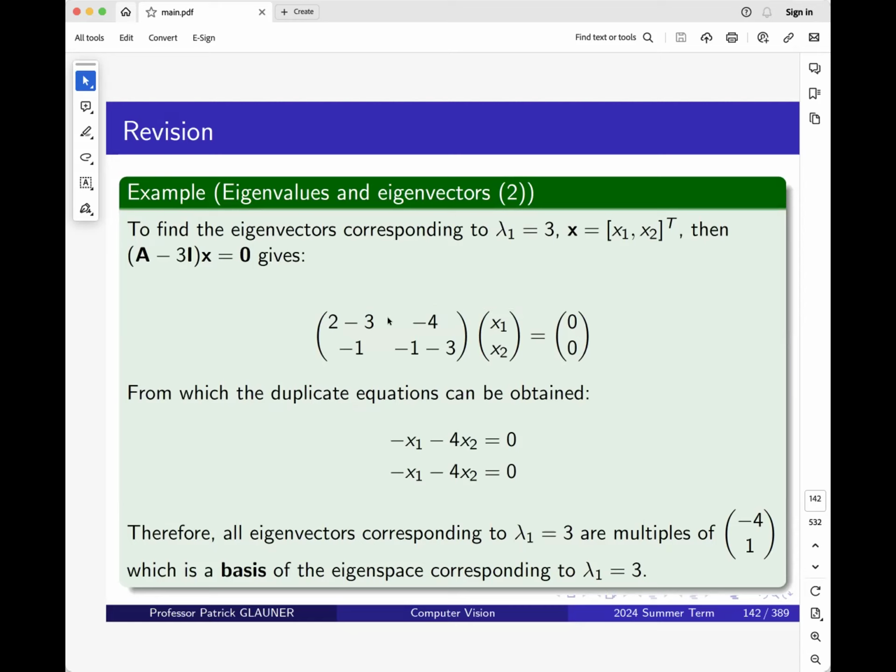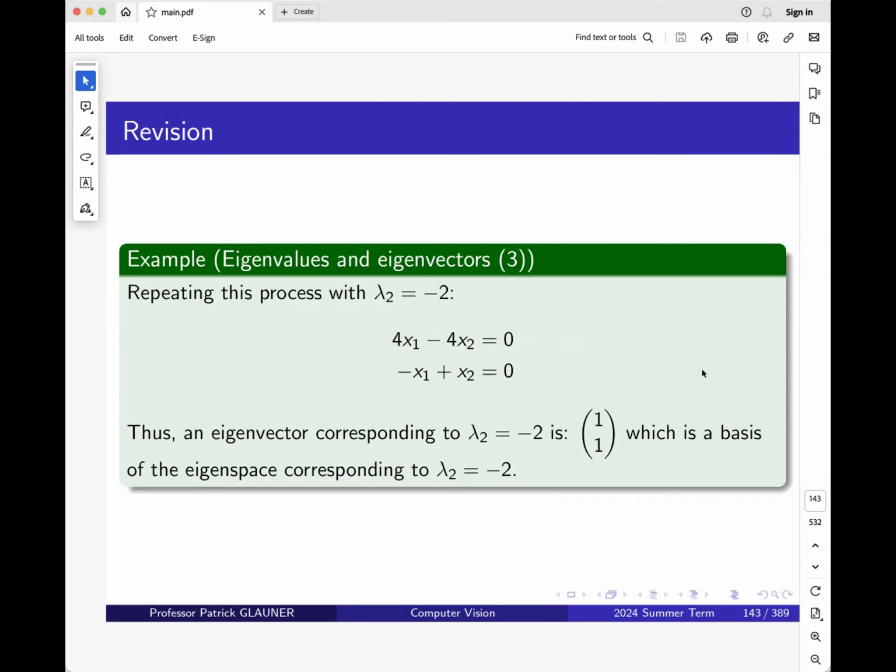And we can try to solve the system of linear equations, which you're welcome to try at home. And eventually we will see that for this system of equations to be solved, the solution would refer to multiples of this vector -4 and 1. And this would be the corresponding eigenvector for this eigenvalue.